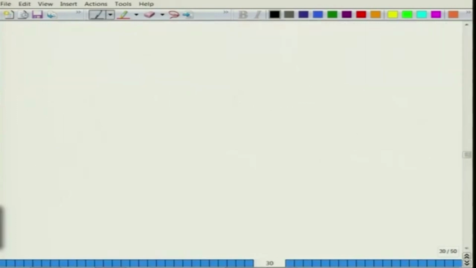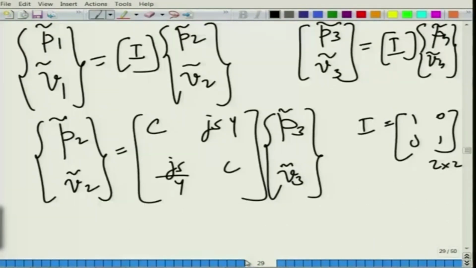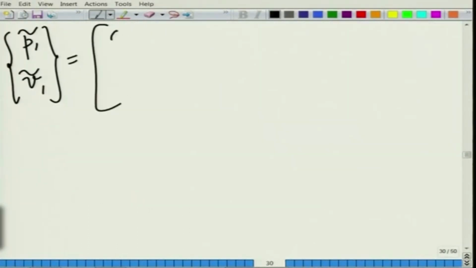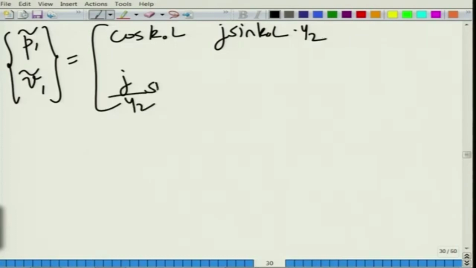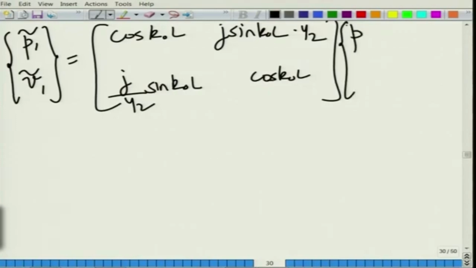Now it is just a matter of sequentially multiplying the elements. So, let me write it down like this, P1. Identity matrix times this matrix is just this matrix, and again this matrix times identity matrix is just the cos k naught L, j sin k naught L into Y2, and this is j by Y2 times sin k naught L, and this is your cos k naught L, equal to P4 and V4.